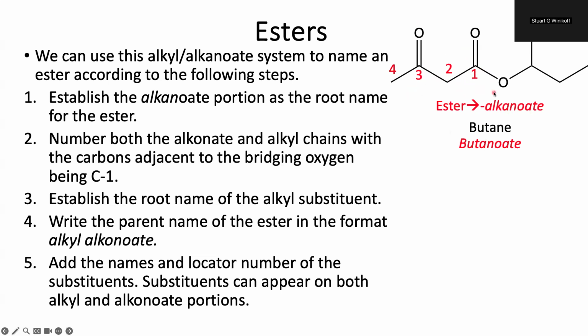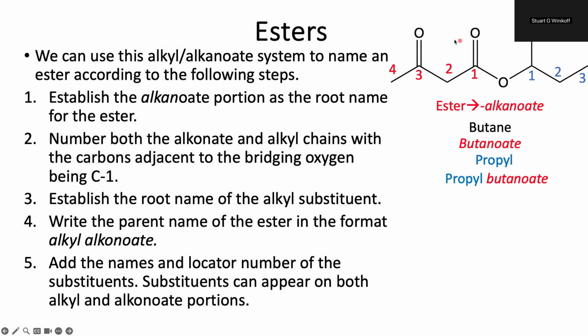Now, one of the things to watch out for on the alkyl portion is that the carbon attached to the oxygen gets the 1, even though this essentially shortens my longest chain. So I get 1, 2, 3. This means that my other group is propyl, not the butyl you may have anticipated. Meaning this molecule is a propyl butanoate.